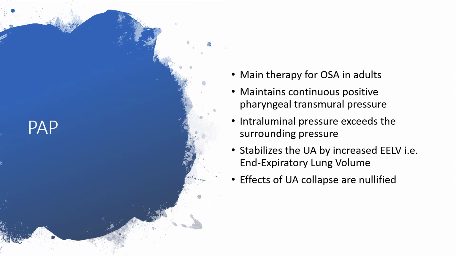That will stabilize the upper airway by increasing end-expiratory lung volume. And the trouble we have been battling with when it comes to upper airway collapse will be nullified. Isn't that a great help? Yes, it is.